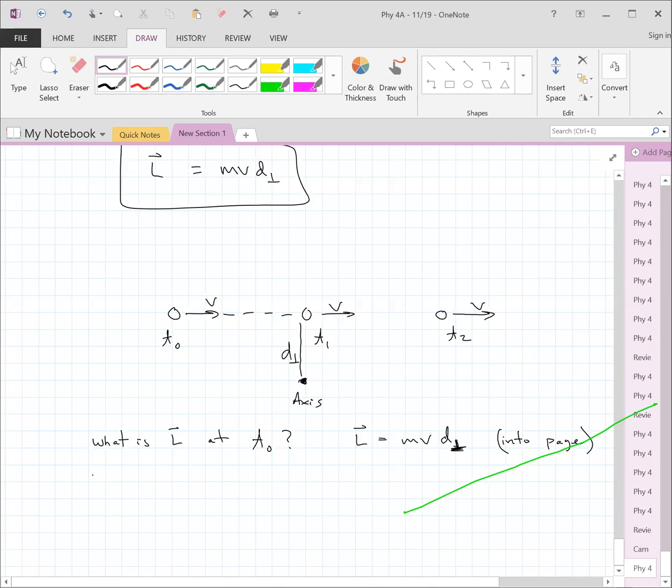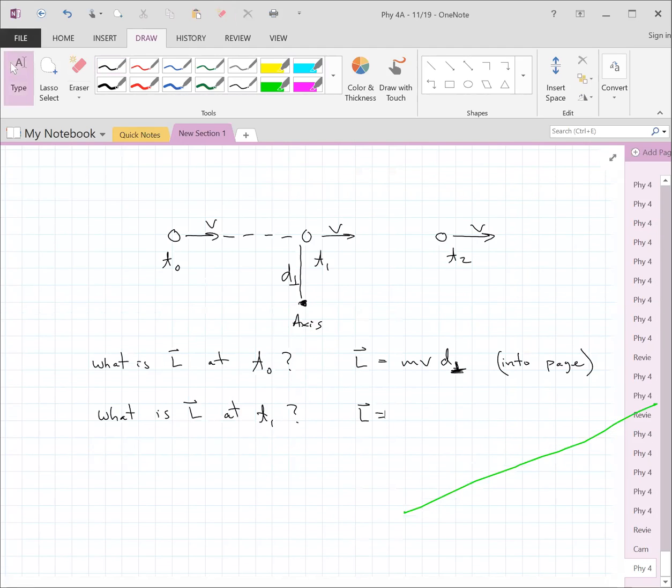So what is it at t1? You're going to take the momentum, mv, extend the line of force, sorry, the line of velocity, the line of the momentum, and find the perpendicular distance to the axis of rotation.